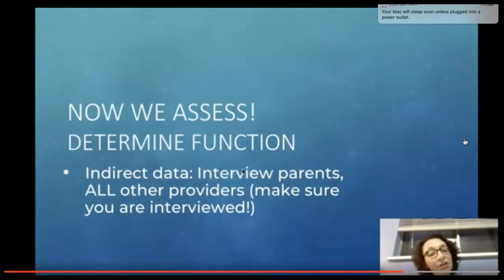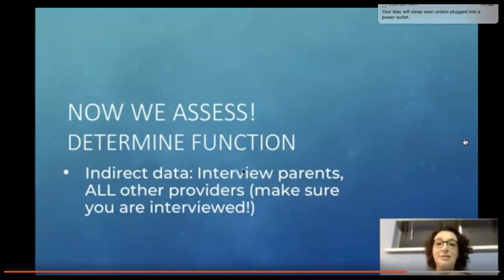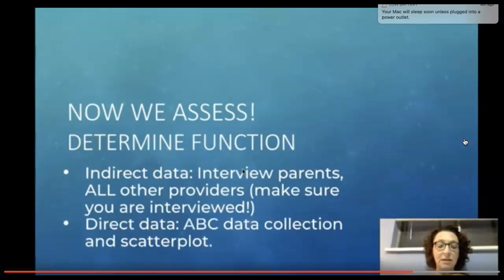But the behavior intervention plan I was expected to follow. I think that happens a lot. I've had numerous students on behavior intervention plans, and I can honestly say I've never had a behavior analyst come and say, I'd like to observe you during your service time. So it's really important that we advocate for ourselves.